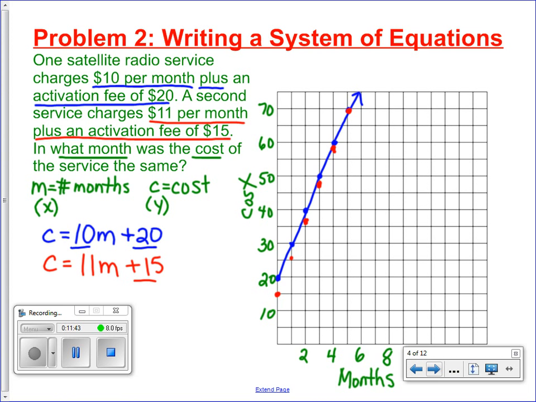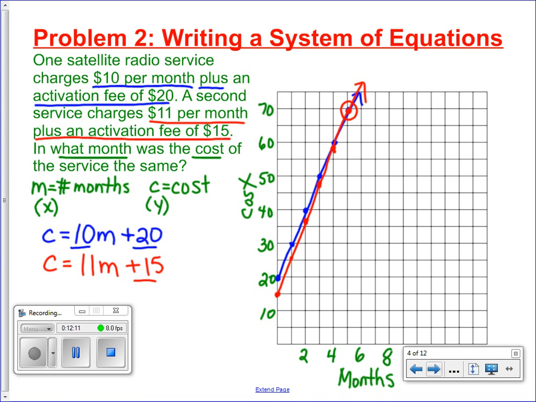All right, so unfortunately on our graph, these lines are almost on top of each other, but not quite. It does appear, however, and by the way, this kind of points out one of the problems with graphing, and that is it can sometimes be difficult to tell an exact solution.